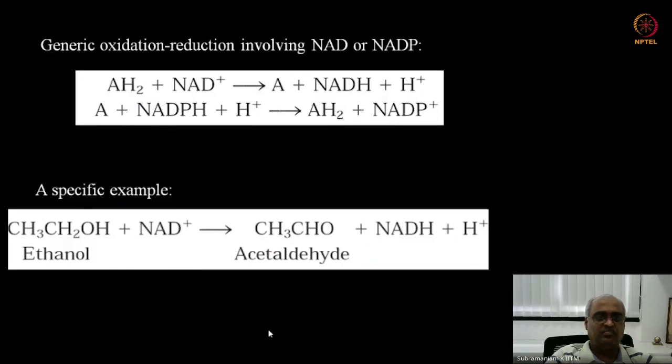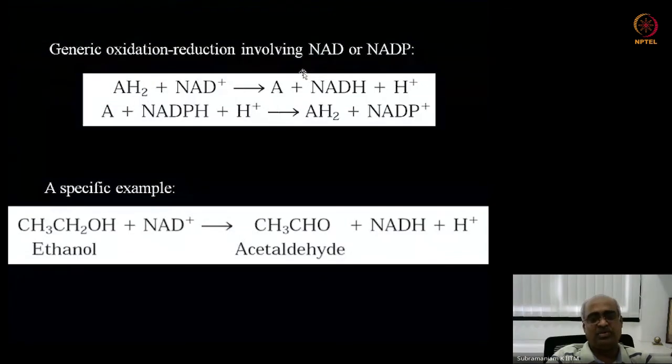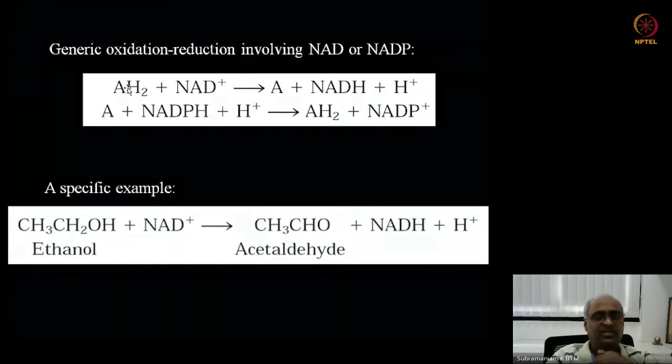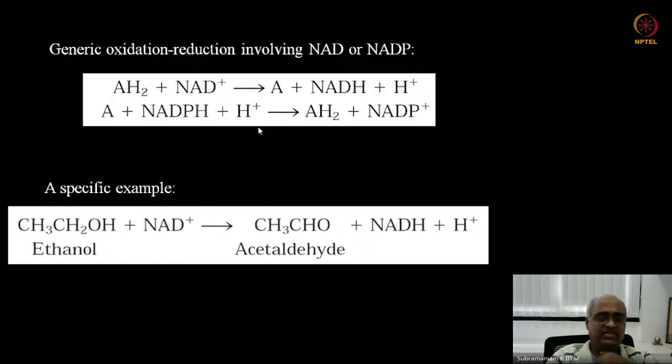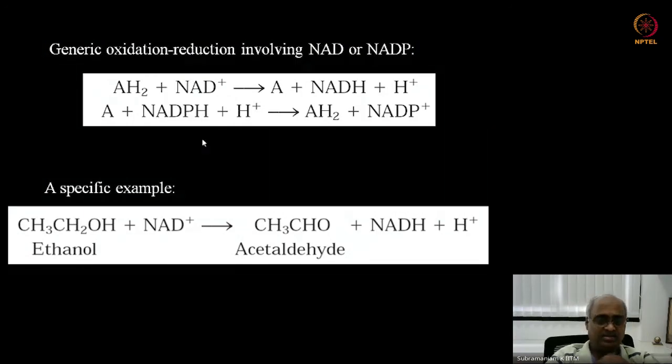This is a generic example. Like we just saw, acetaldehyde and ethanol: ethanol becoming acetaldehyde or vice versa. In the process, NAD gets reduced, or oxidized in the opposite direction.